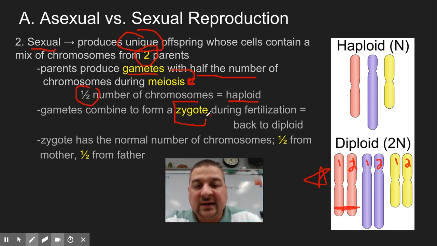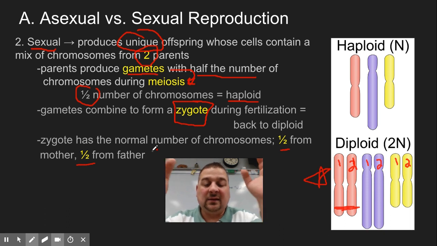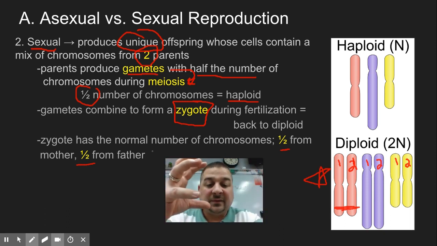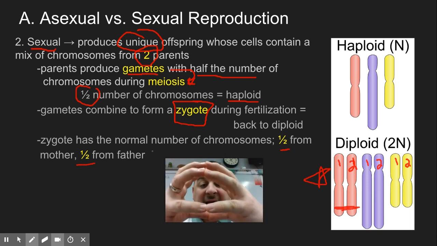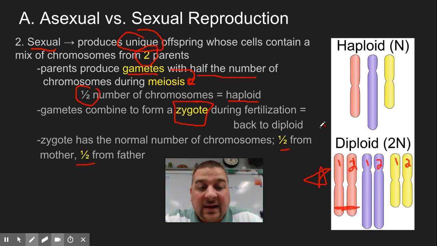Now this zygote, because you took a half and a half, half from mother, half from father, they're going to come back together in the zygote, and they're going to be back to diploid, a full set. So, for example, in humans, you're going to start with 46 chromosomes in each parent.